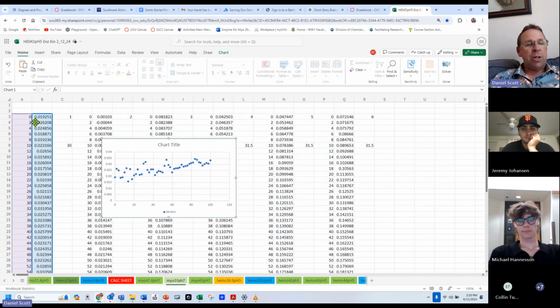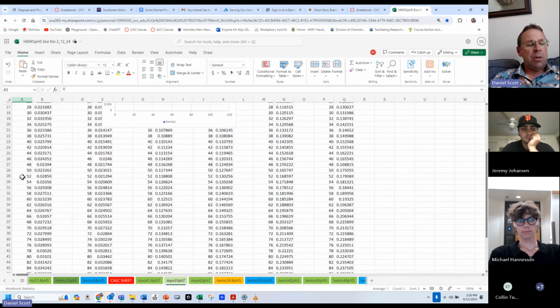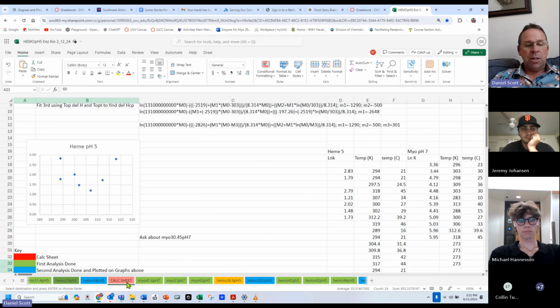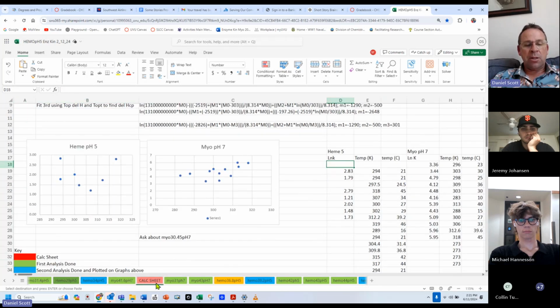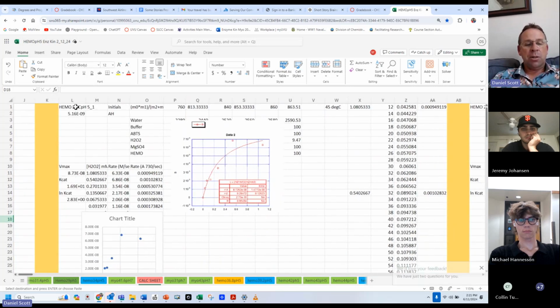But then after we identify the range that we want to take, for example, if I were to grab the 60 to 80 there and copy that, this is Myo 31. I'll bring that over to the calc sheet, right? Myo 31 pH 7. Here in the calc sheet, I would find Myo 31 pH 7.